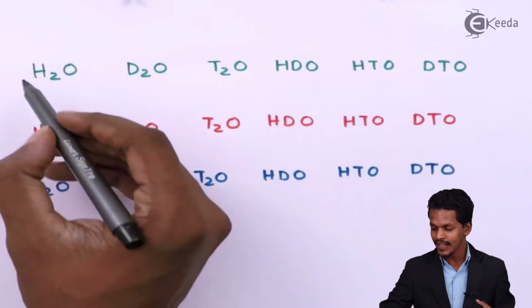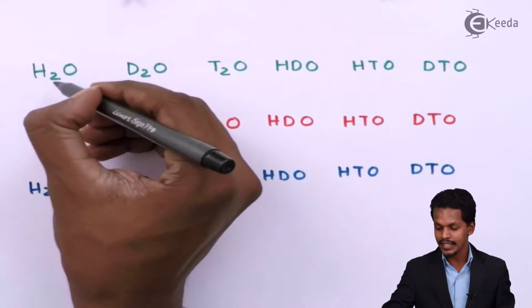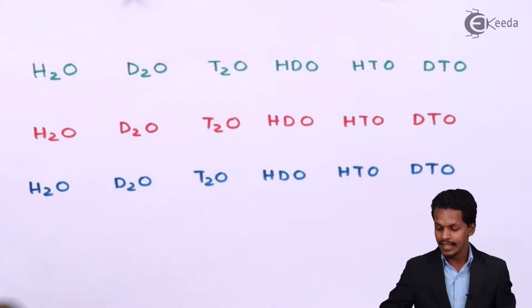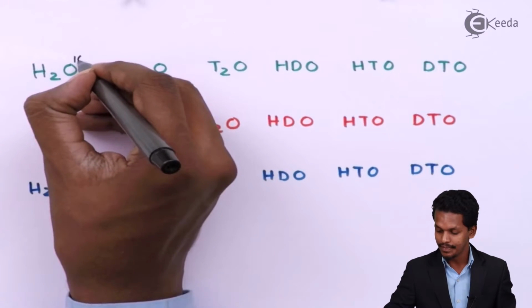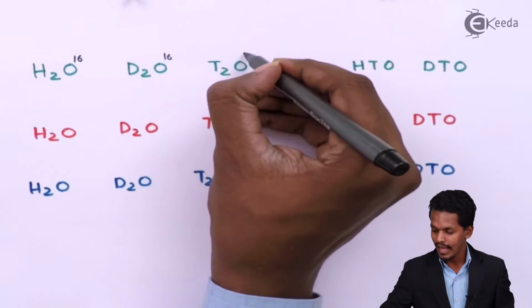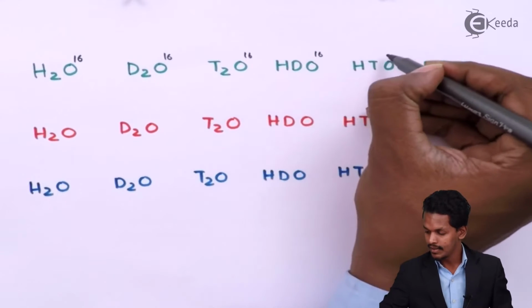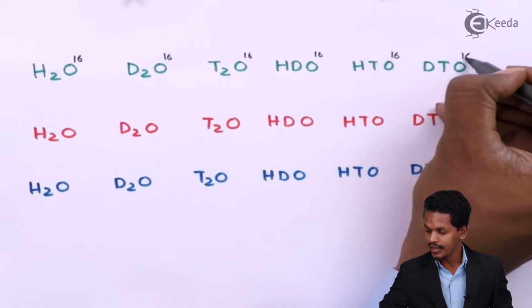In this case, the green one that I have mentioned here is the oxygen that has an atomic mass number of 16, and it belongs to every other molecule that I have represented here.